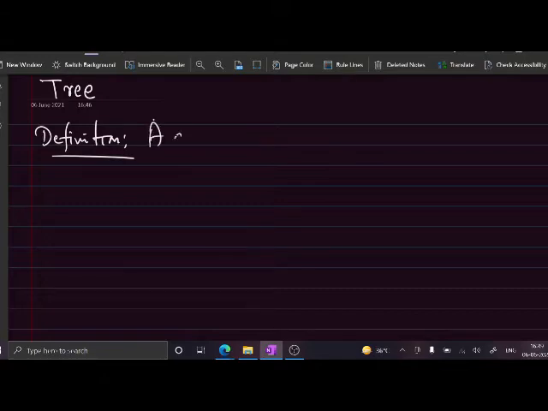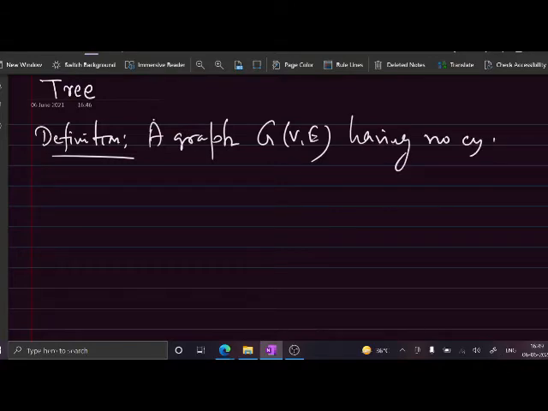A graph G(V, E) having no cycle is defined to be an acyclic graph.